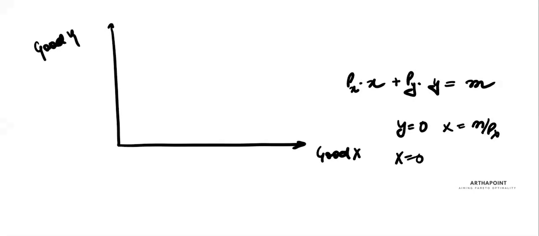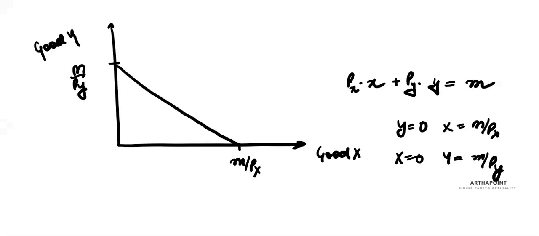And when X is 0, Y will simply be M by PY. So I will get M by PX here, and M by PY here, and this is my budget line. This is the usual budget line. The slope of this budget line is going to be PX by PY.